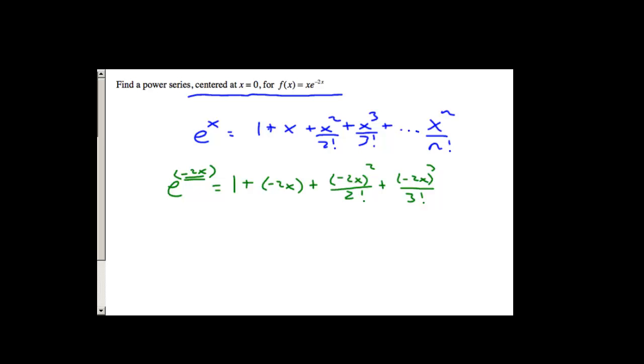And if we simplify that a little bit, that's just 1 minus 2x plus 4x squared over 2 factorial. And maybe we should write that as 2 squared. And then minus 2 cubed times x cubed over 3 factorial. The next term, I think you can see that pattern, would be plus 2 to the 4th times x to the 4th over 4 factorial.